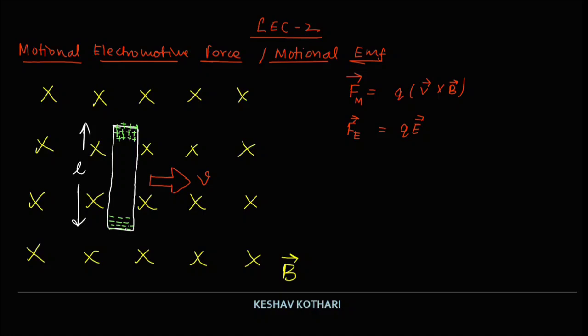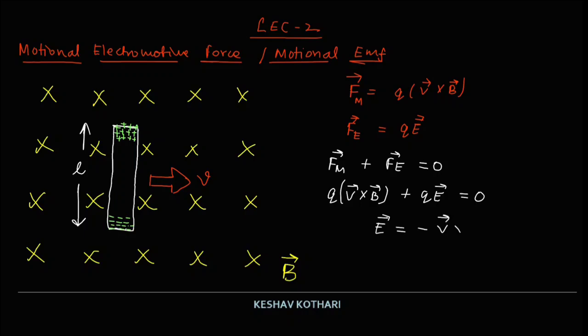In equilibrium the sum of the magnetic and electric forces becomes 0, so q v cross B plus qE is equal to 0, or E vector is equal to minus v cross B.